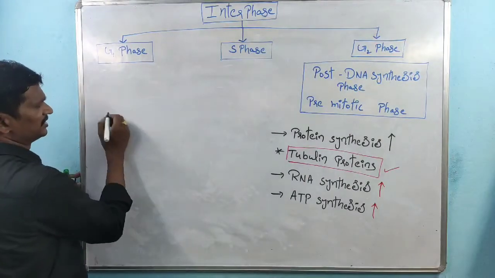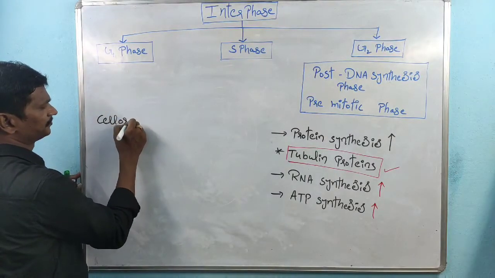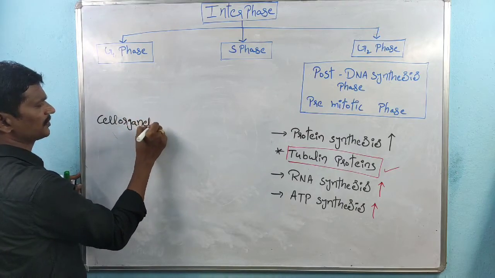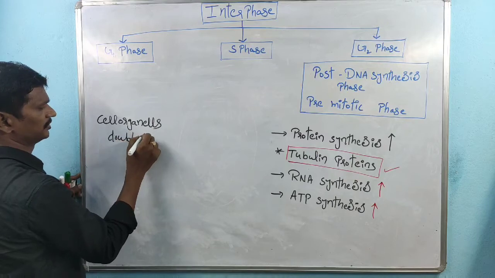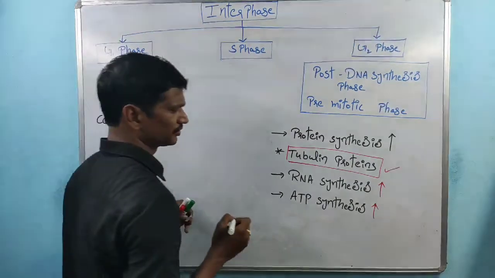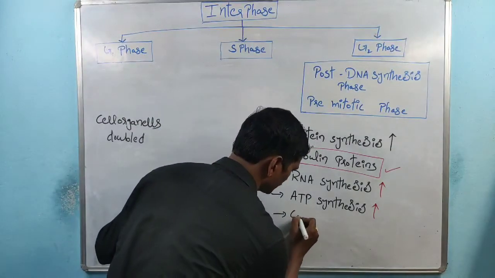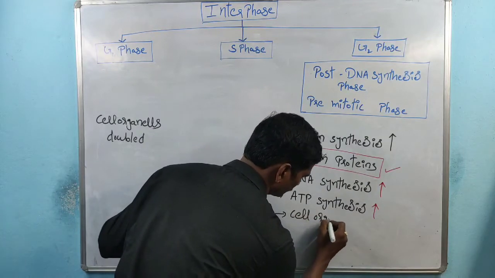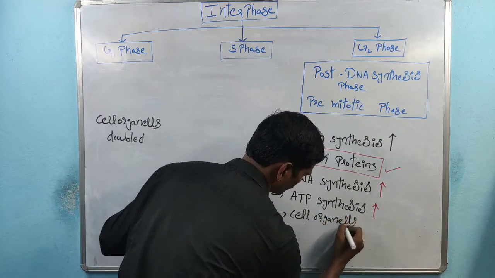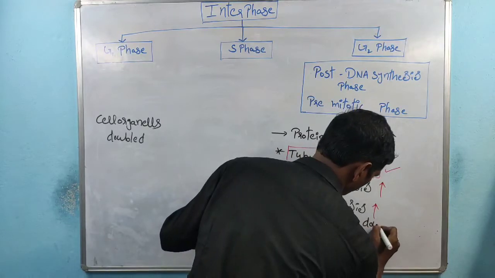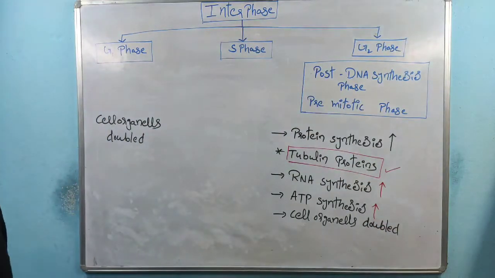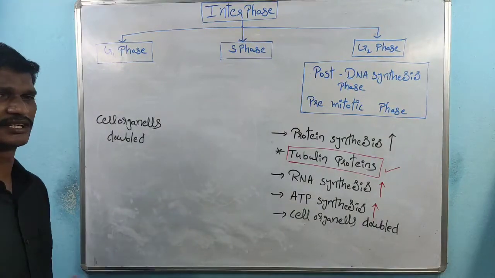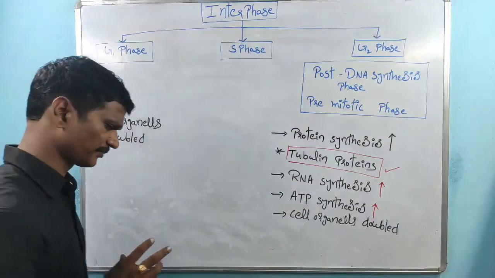See, cell organelles are doubled. So here my clear statement is, cell organelles are doubled in which phase?